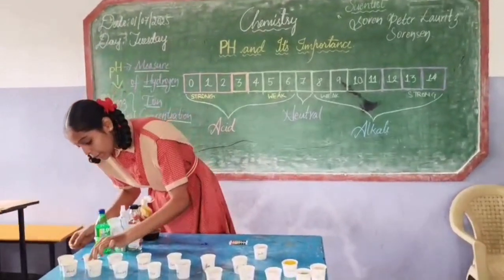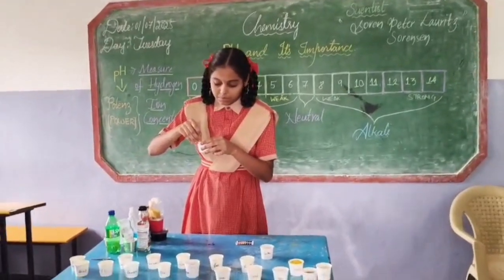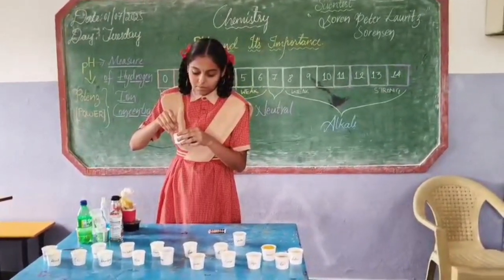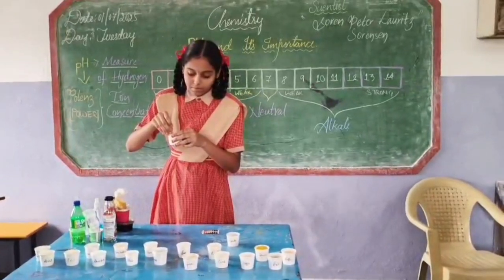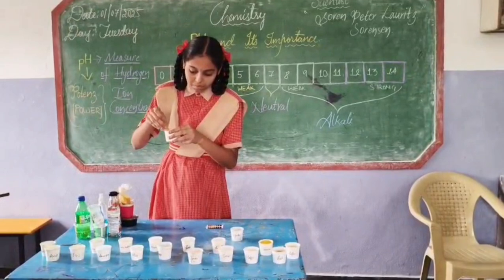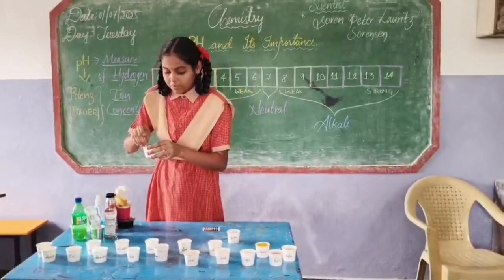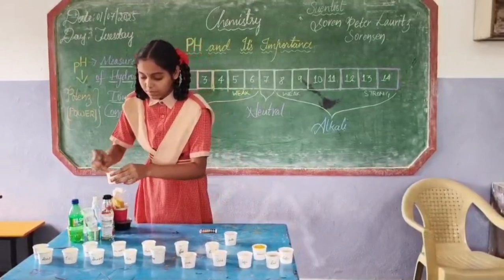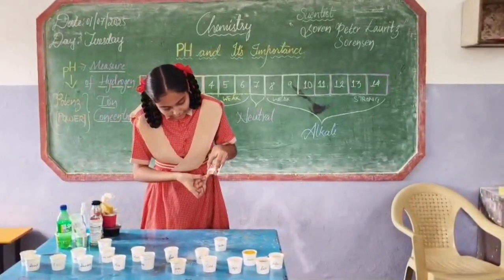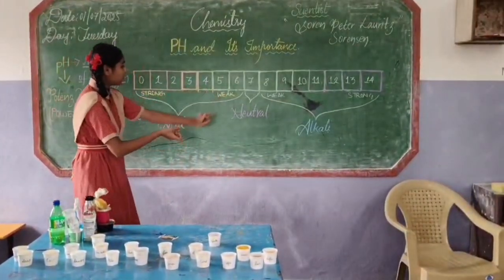In this case, it is around 4. Means 4, the weak acids.